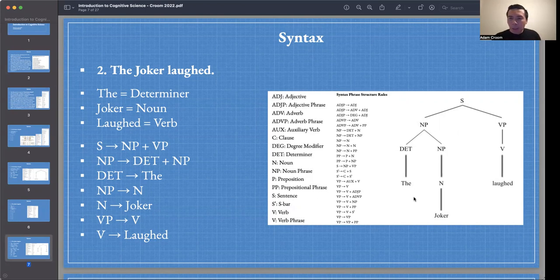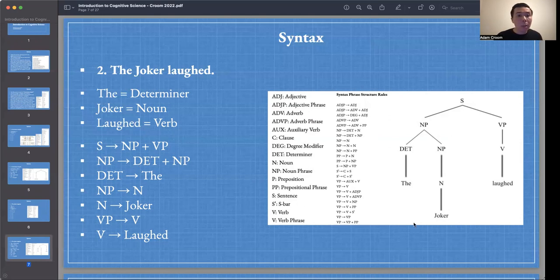All right. Just so that we know that we haven't violated any rules, we can check our rules. S takes an NP and a VP. We see that both in the tree diagram and the rule here. We can check in our phrase structure rules that that's a legitimate rule. So S takes NP and VP. Great. Next is NP takes a determiner and a noun.